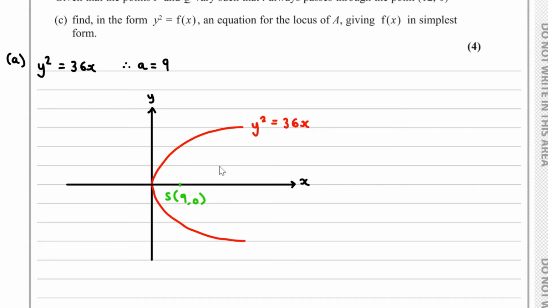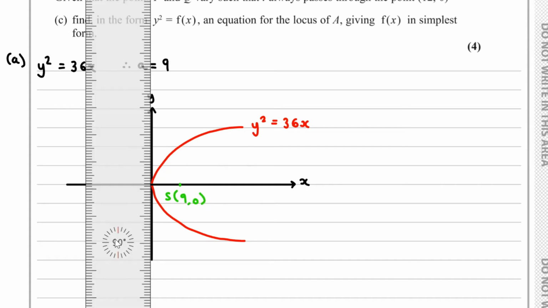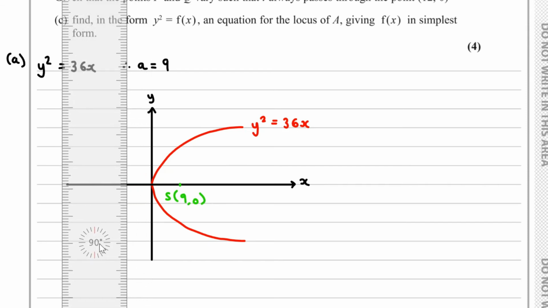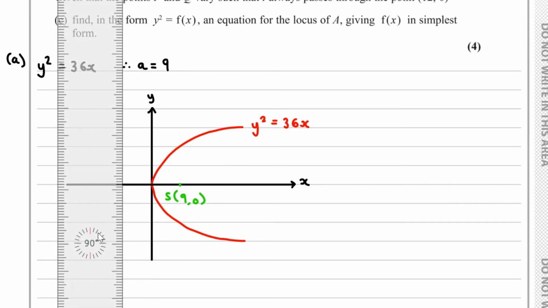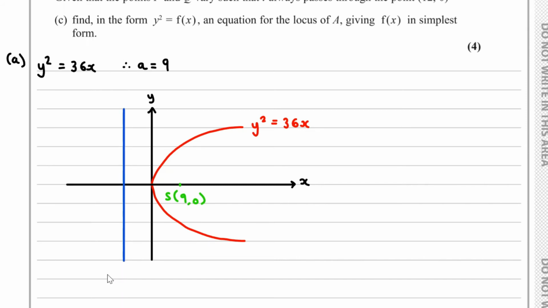And if we show the equation of the directrix, well, the directrix would be over here, and it would have equation x equals -9.